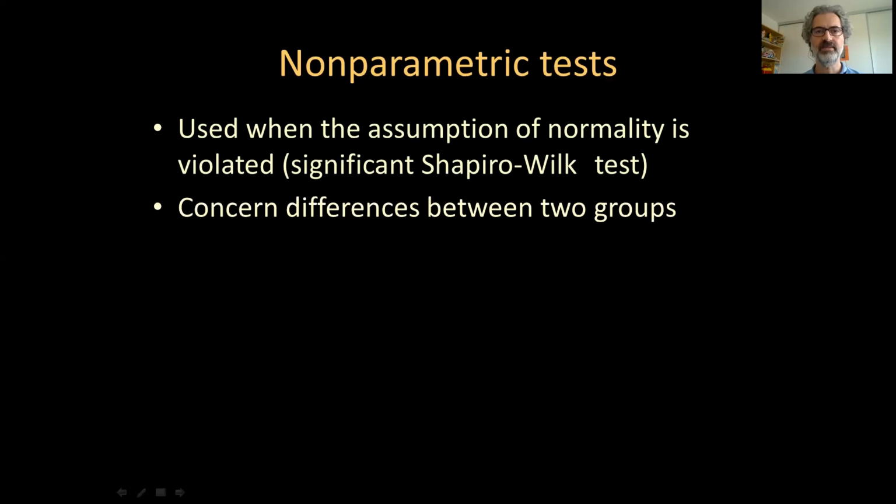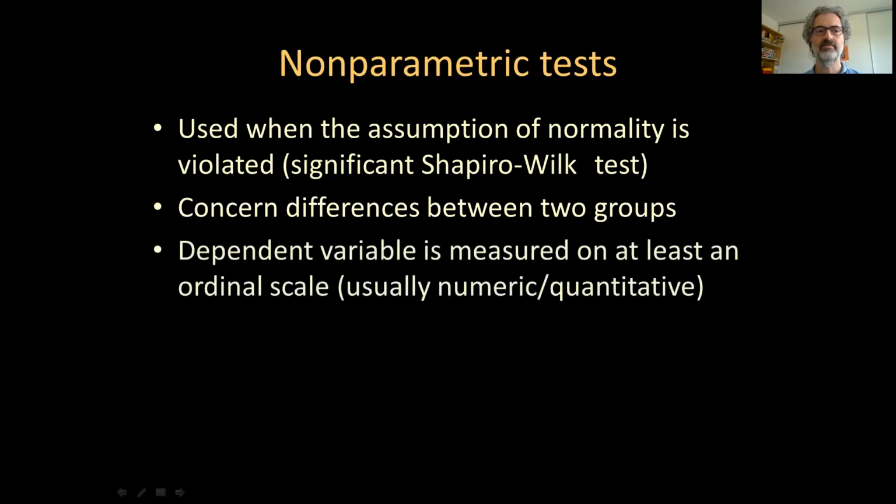These non-parametric tests that we will talk about concern differences between two groups, just like the t-tests. The dependent variable must be measured on at least an ordinal scale. But since we usually use these as a replacement for the t-test, the most frequently encountered situation is that the dependent variable is actually a quantitative variable, a numeric variable in other words, therefore at least on an interval scale.